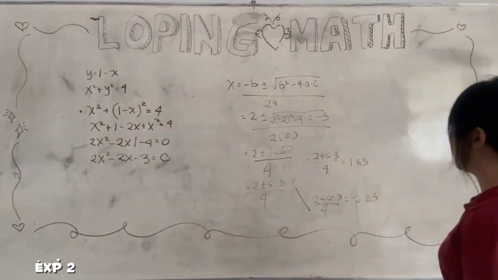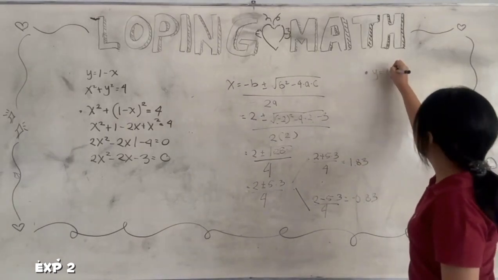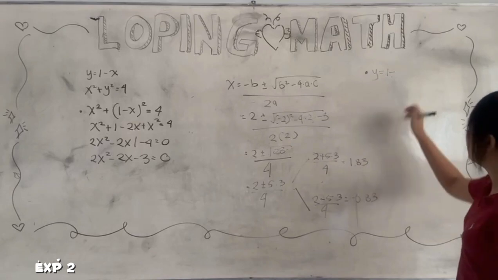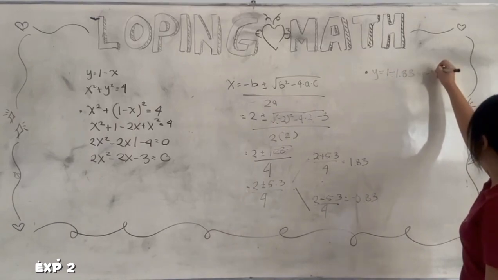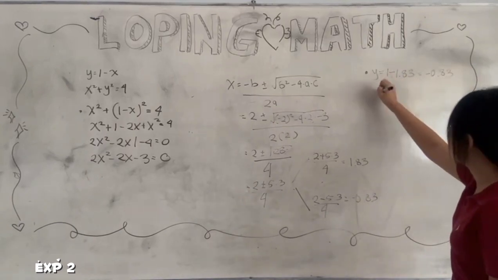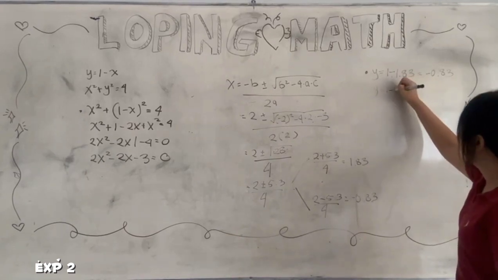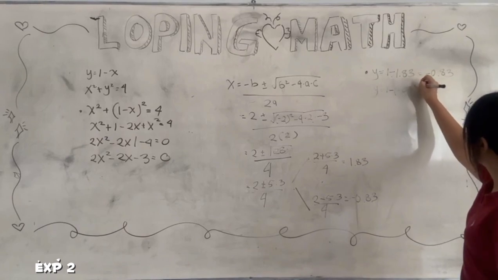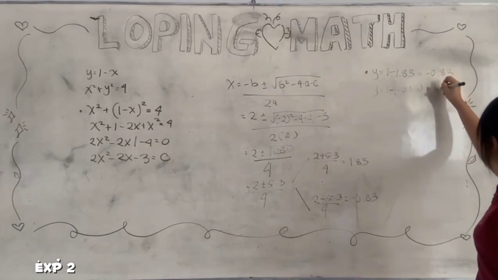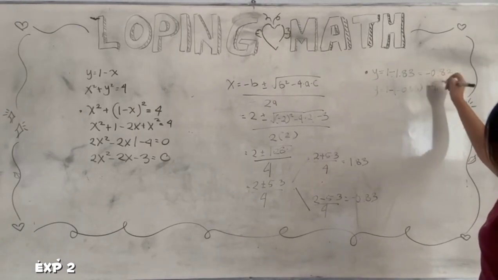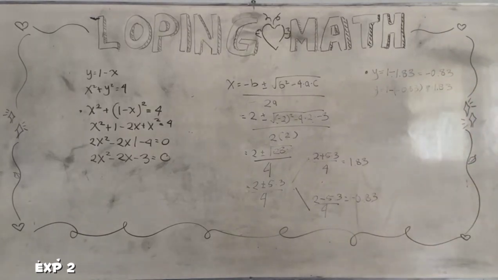So we only have to substitute here. y equals 1 minus the first x value, 1.83, which is minus 0.83, and then the next one is 1 minus minus 0.83, so it will become positive, and the answer will be 1.83. So we've got our final answers.